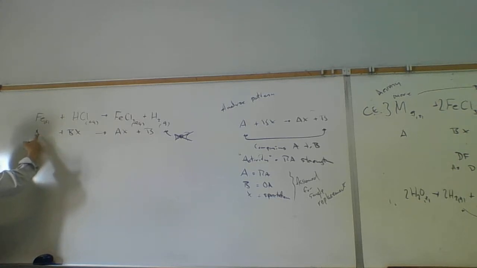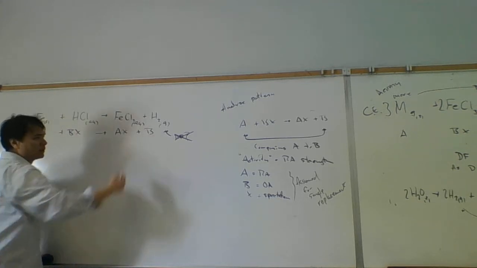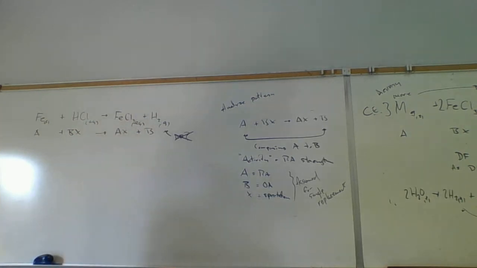And so we're going to compare the activity of A with the activity of B. Which one's more active, A or B? Iron or hydrogen? Okay, you should be able to look at the activity based on this chart, lithium being the most active. Here's iron, here's hydrogen. Which one's more active?